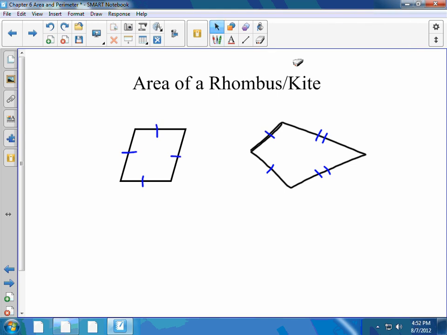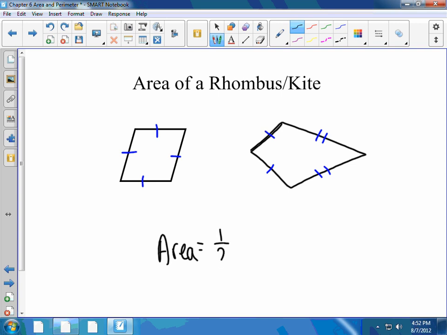Now, the area formula for rhombus and kite is 1/2 times the diagonal 1 times diagonal 2. Where are those diagonals? Well, if I look back at this rhombus, here's diagonal 1.